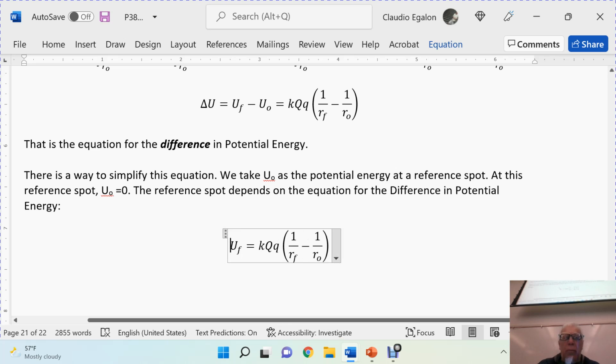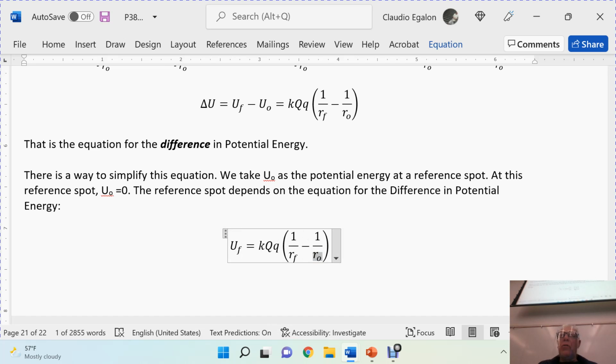We are going to choose this spot at R naught equal to infinity, to a point that's very far away from the other charge.